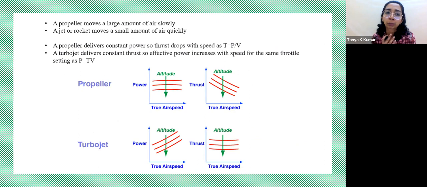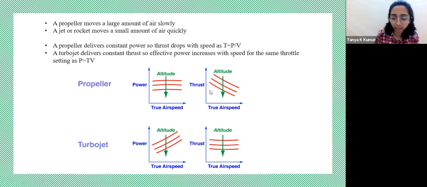So what a propeller does effectively is that it moves a large amount of air relatively slowly. In contrast, a jet engine moves a small amount of air quickly. So in the propeller case, you have an almost constant power output, but in the turbojet case or any jet engine case, you have a relatively constant thrust.